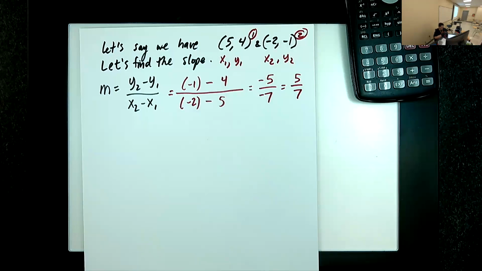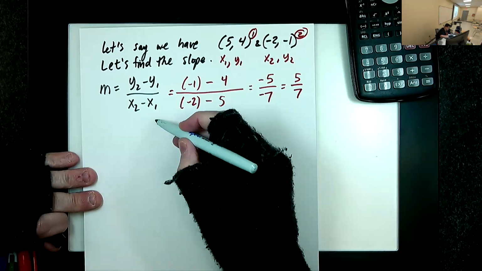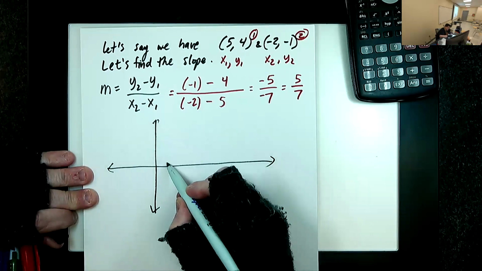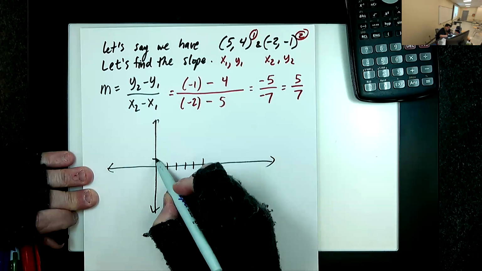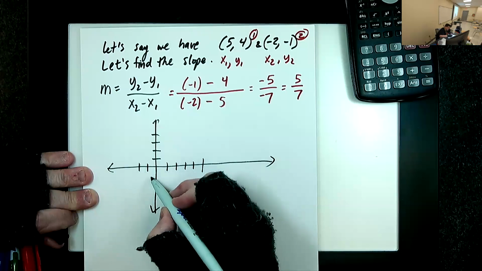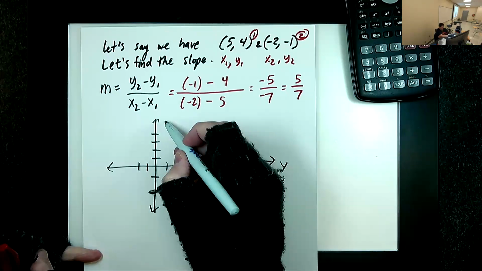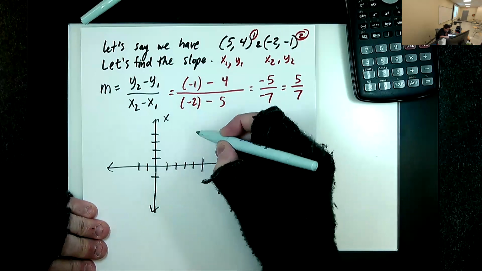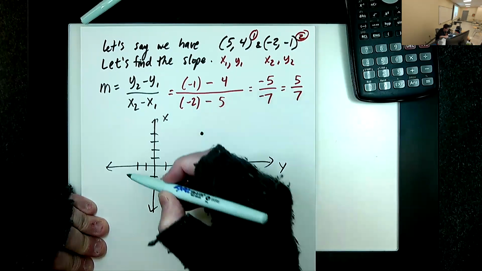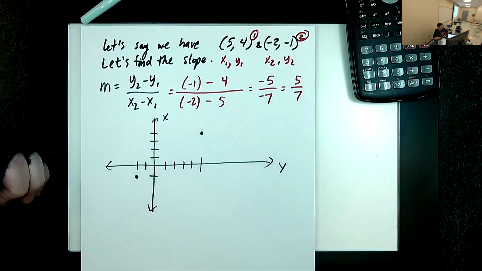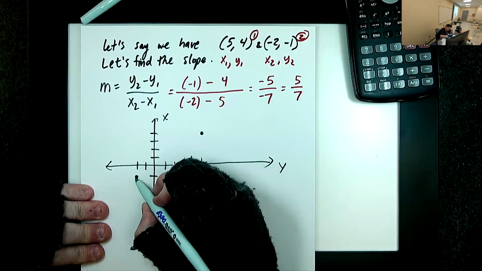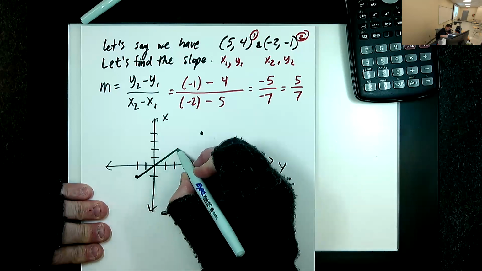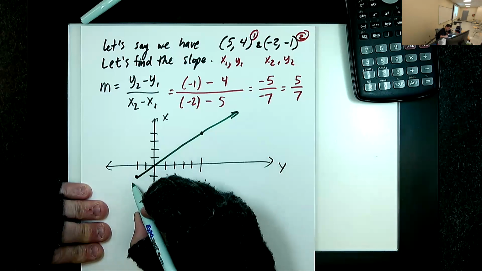Now, there are 2 ways to look at this slope. Let's just sketch a quick picture. That probably should not cross there.